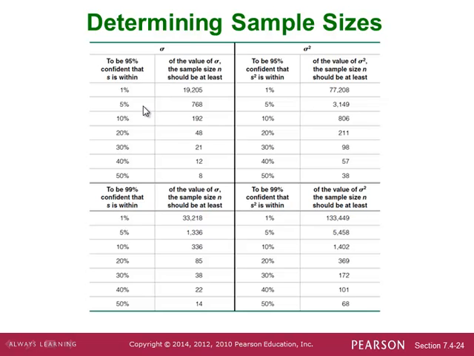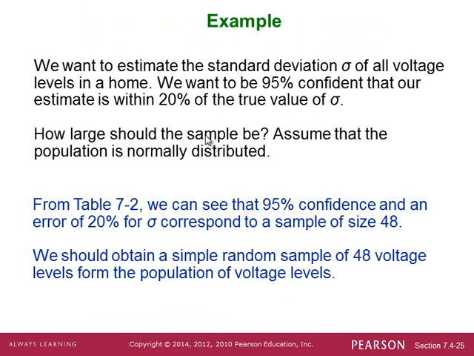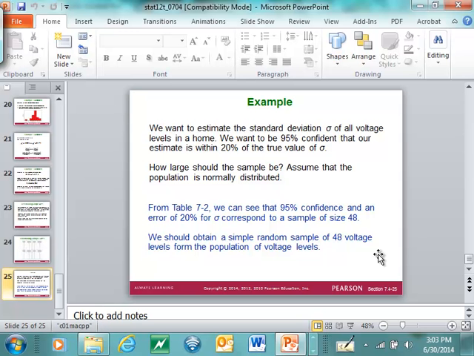So we'll use this quadrant up here, 20% deviation, and we'll pick out a sample size of 40. Okay, so that's how you read the table. That's just a real quick, easy example. So that's it now for doing estimation of population variances and standard deviation.